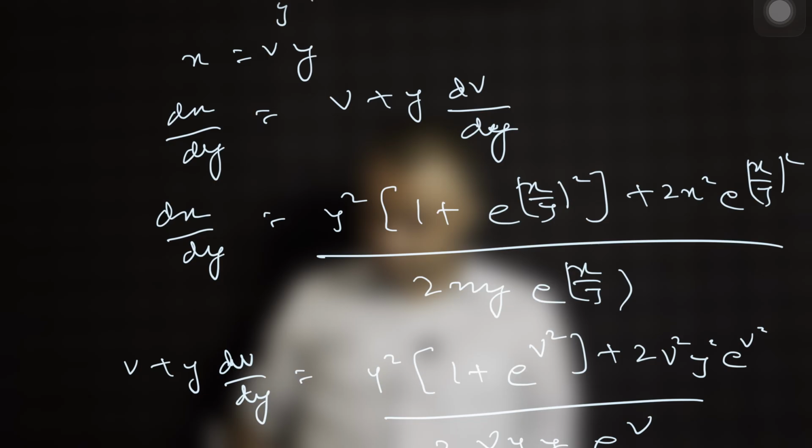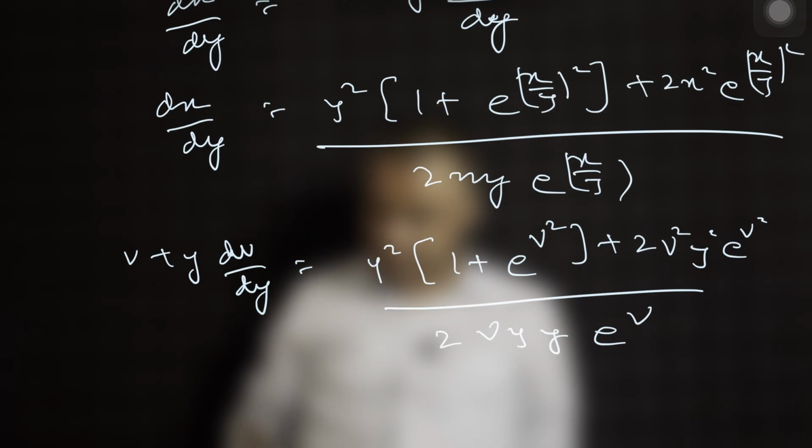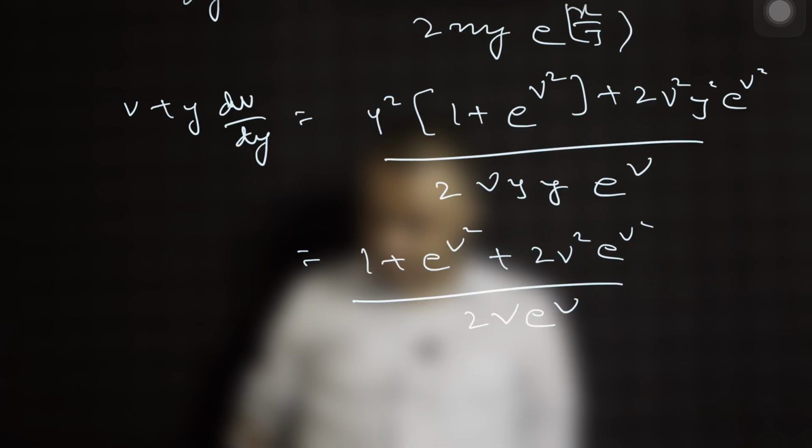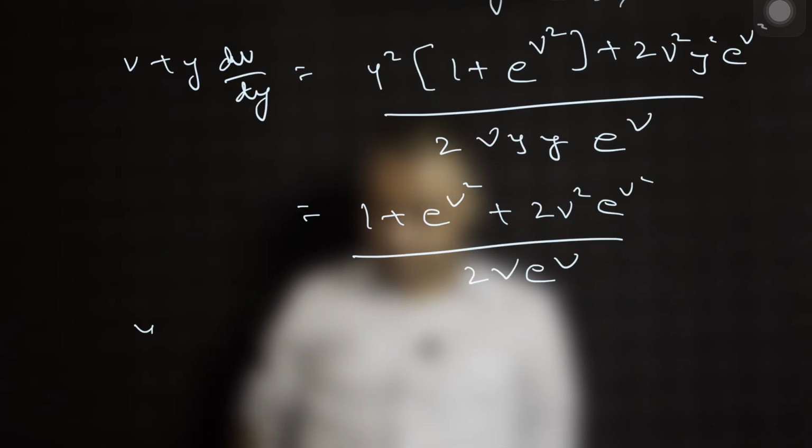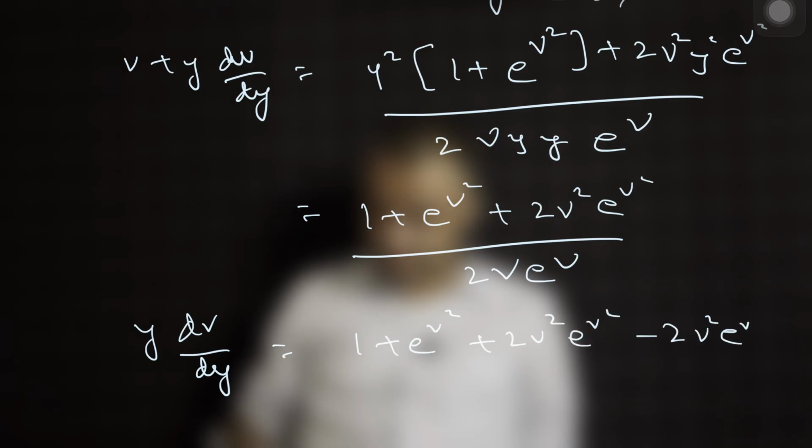Now, you see what gets cancelled is your y square. So, I have 1 plus e^(v square) plus 2 v square e^(v square) upon 2v e^(v square). So, y dv by dy is 1 plus e^(v square) plus 2 v square e^(v square) minus 2 v square e^(v square) upon 2v e^(v square).